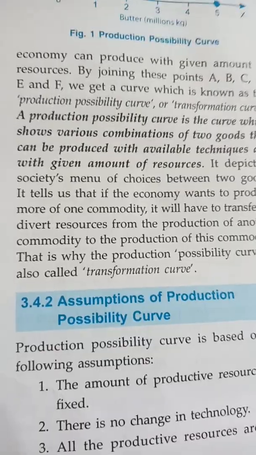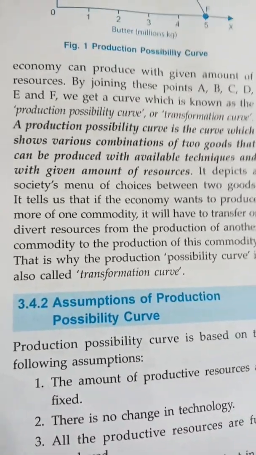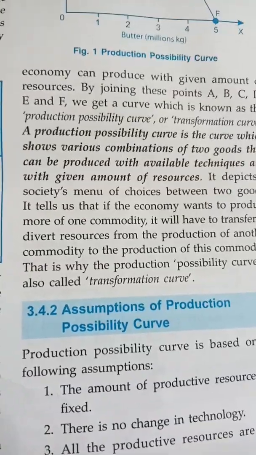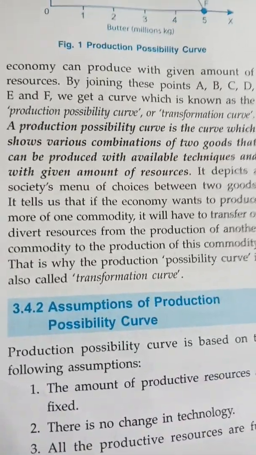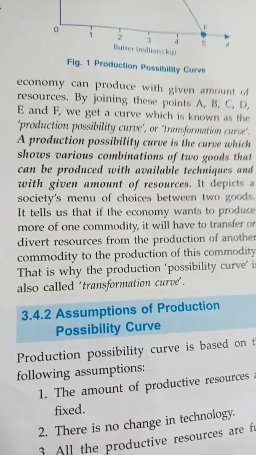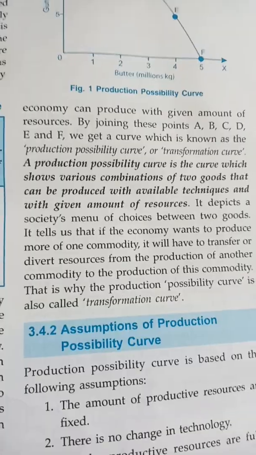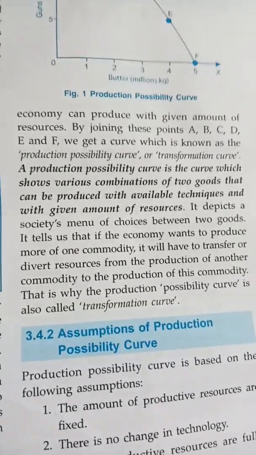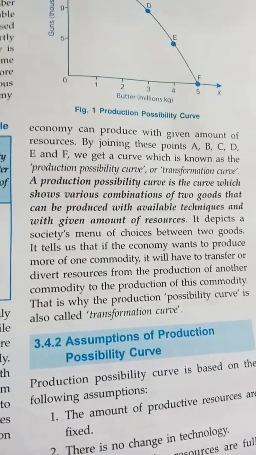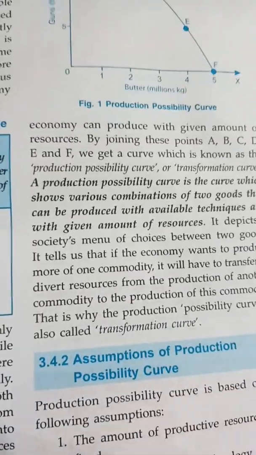It tells us that if the economy wants to produce more of one commodity, it will have to divert its resources from the production of another commodity to this commodity. That is why the PPC is also called the transformation curve, because the resources are being transformed from one use to another. That's all regarding PPC.